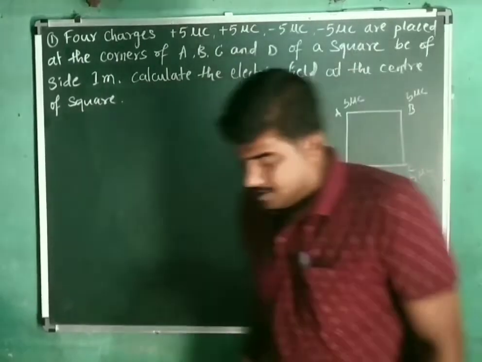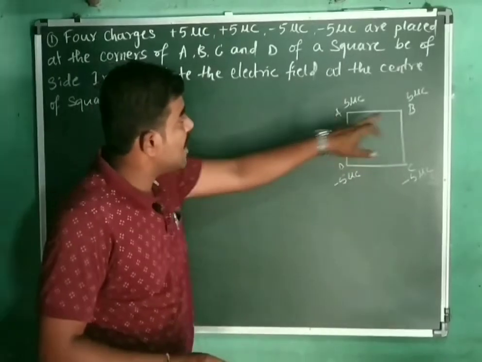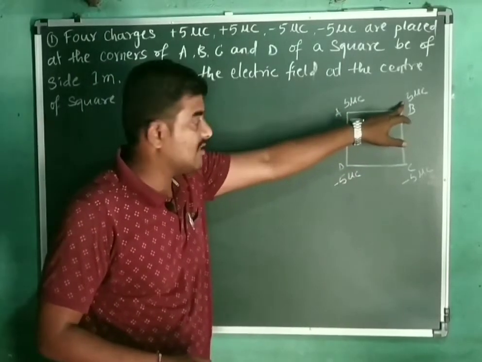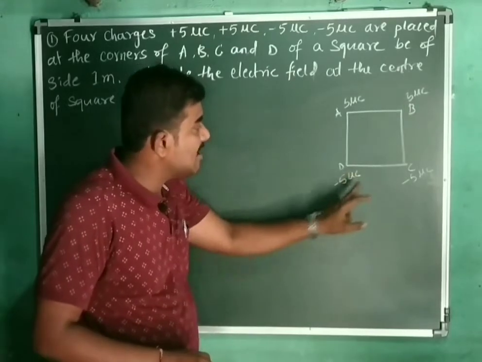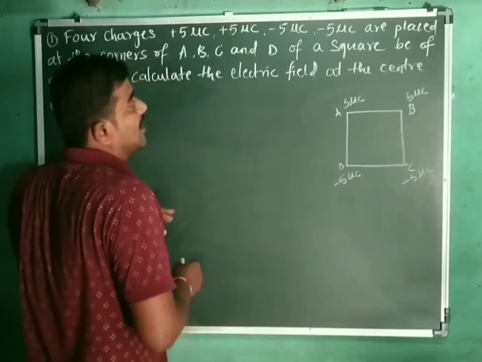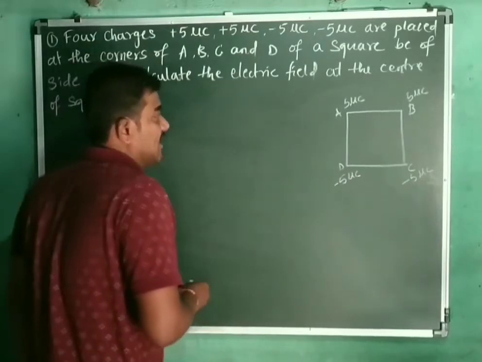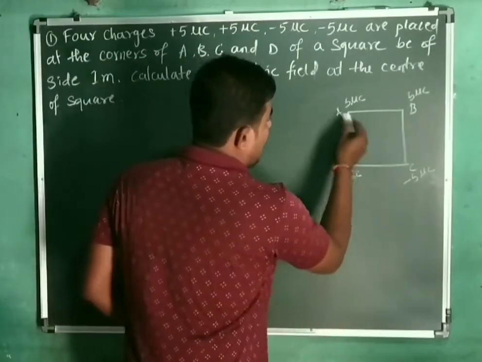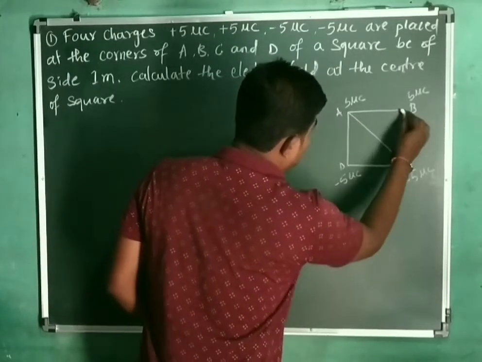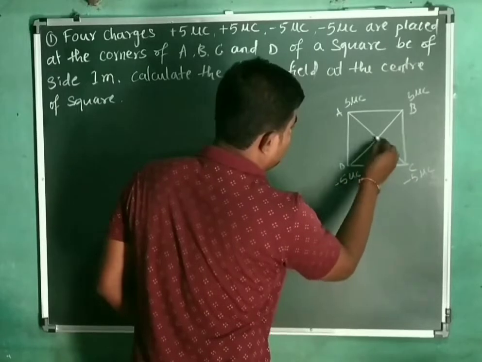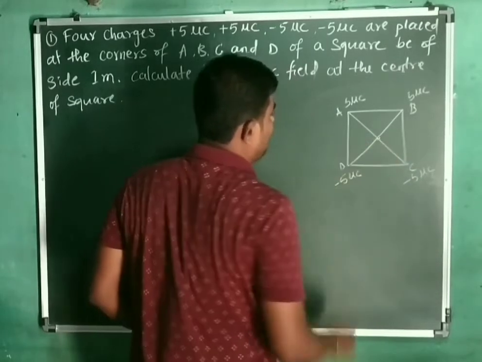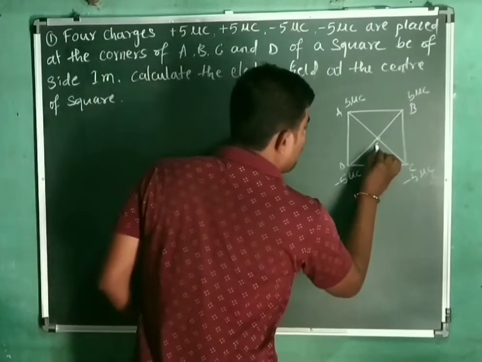See, A and B are having 5 and 5 microcoulomb charges, and C and D are having minus 5 and minus 5 microcoulomb charges, and we are asked to calculate the electric field at the center of the square. The center of the square is the intersection of diagonals. So this is the intersection of the diagonals, and it is the center of the square. Let us call it O.